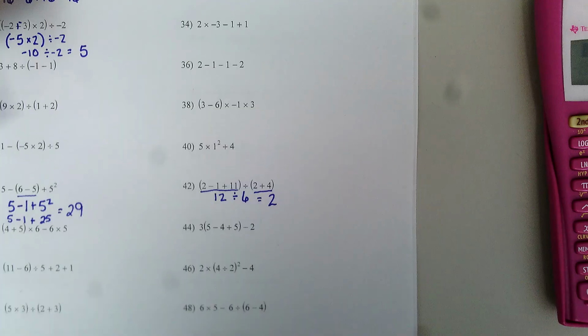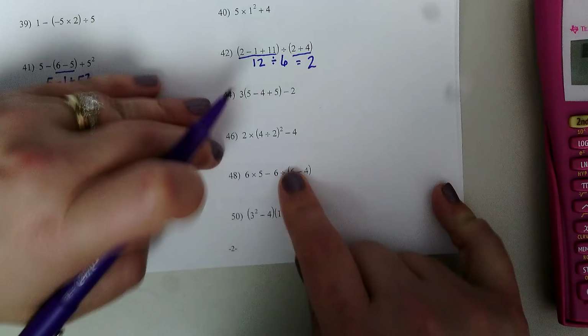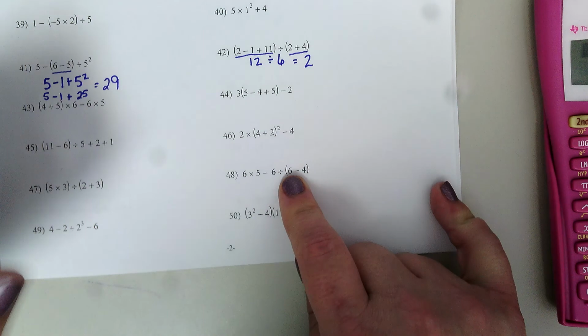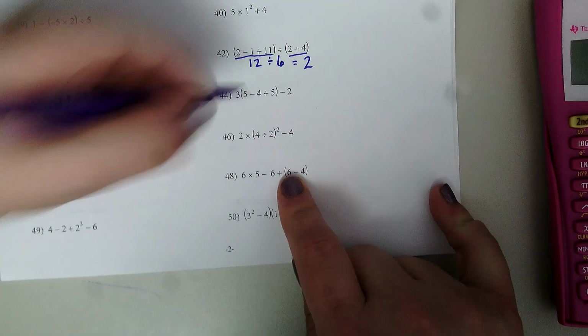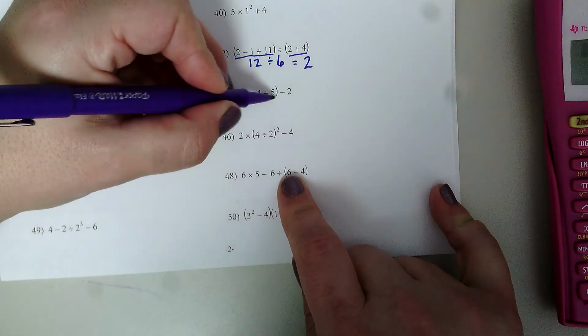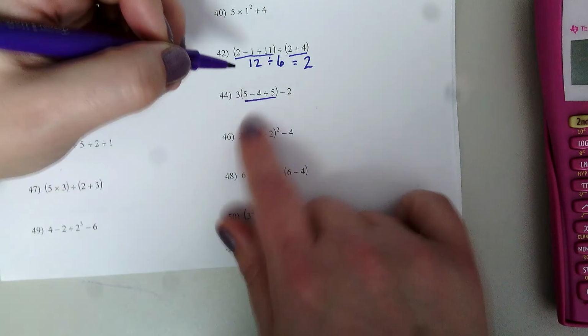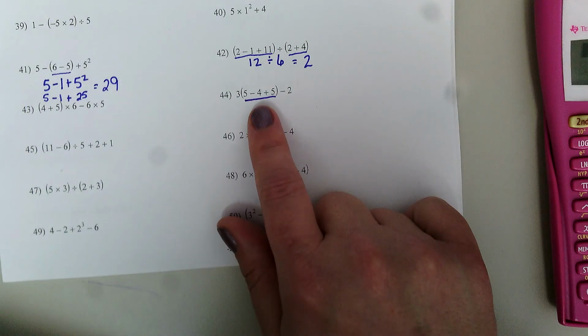All right. Let's do two more. We're going to do these two, 44 and 46, and then we'll move on to the next thing. 44, we're going to start with what's inside the parentheses. Now, if I had a multiplication sign inside these parentheses, I would have to do the rules inside the parentheses.